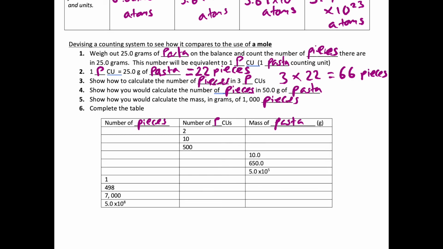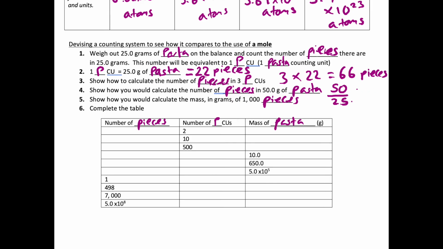How we would calculate the number of pieces in 50 grams of pasta? Well, here we would look at how many times 25 grams goes into 50 grams. So 50 divided by 25. And then what we need to do is times that by the 22 pieces that are in that pasta counting unit.